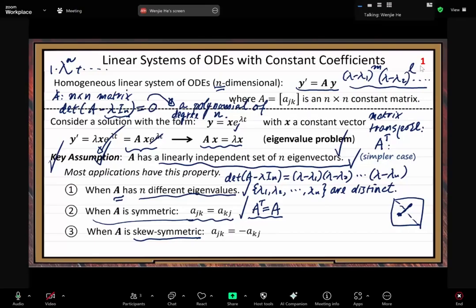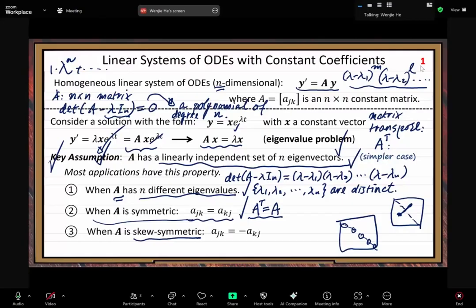Then all the diagonal entries must be 0, because the diagonal entries are symmetric with themselves, on the symmetric axis.